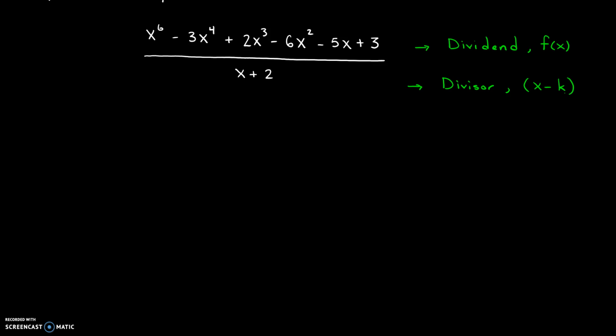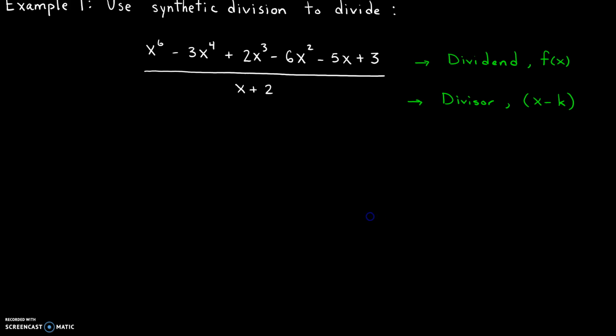The way we do this is we start by first looking at what we're dividing by. Notice that it's x plus 2. It looks like x minus k, but we have a plus sign instead of a minus sign. That's okay, because I can think of it as x minus a negative 2.